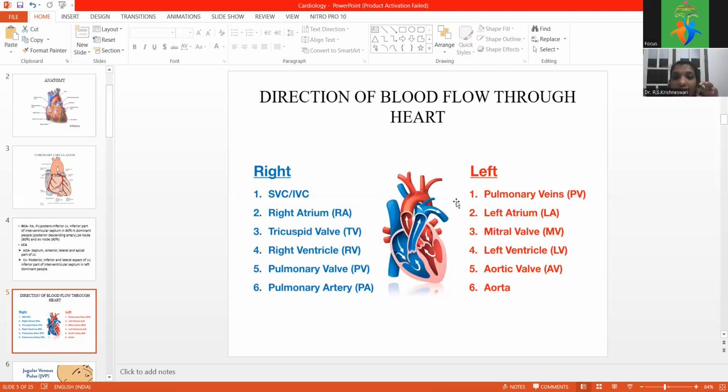The right ventricle and pulmonary artery are separated by the pulmonary valve. The left atrium and left ventricle are separated by the mitral valve. The left ventricle and aorta are separated by the aortic valve. Except the mitral valve, all the other three valves in the heart are tricuspid, and the mitral valve is bicuspid.